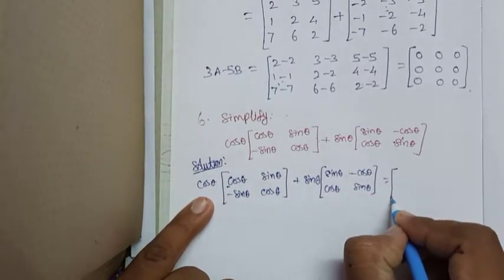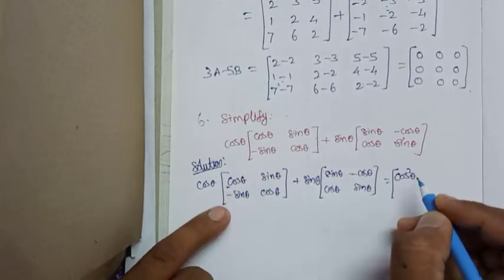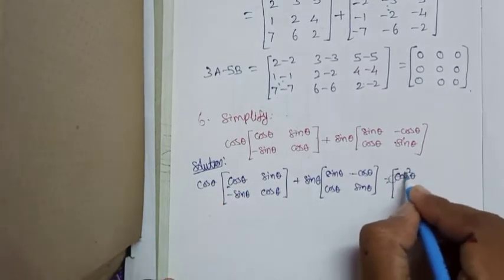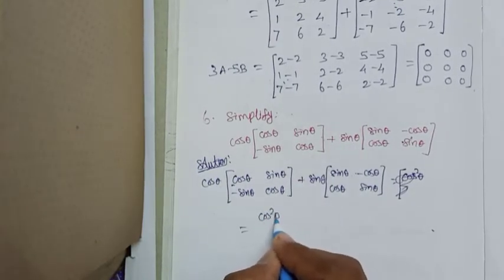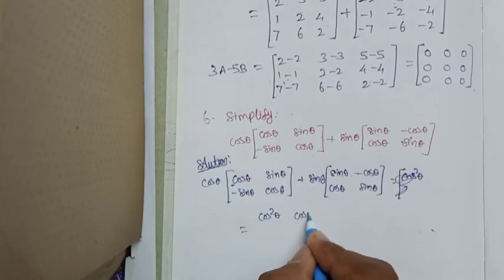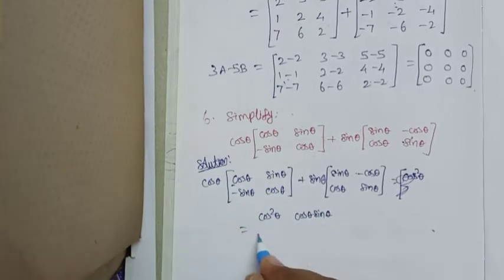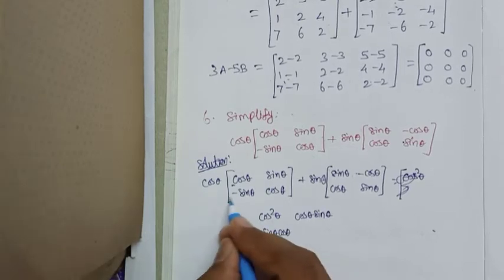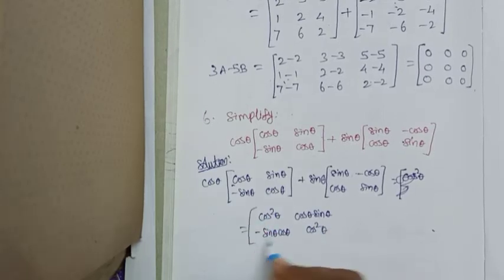We get cos theta into cos theta, cos square theta. We write it below in the matrix. So we get cos square theta into cos theta sin theta. Here minus into plus, minus sin theta cos theta, and here cos theta into cos theta, cos square theta.